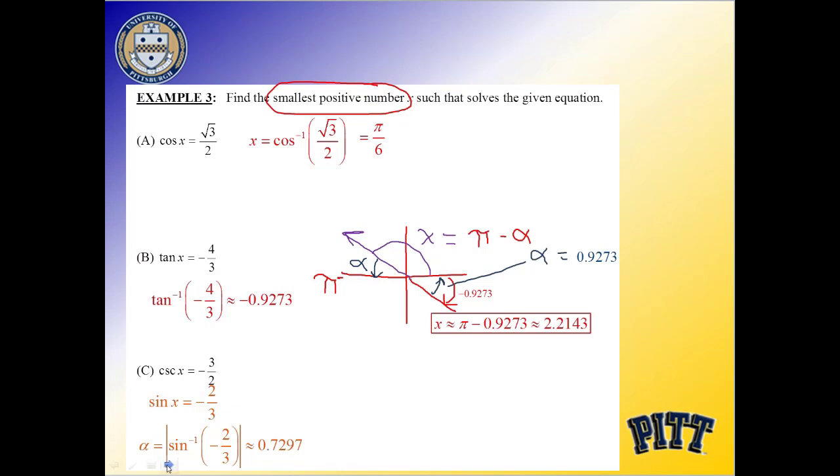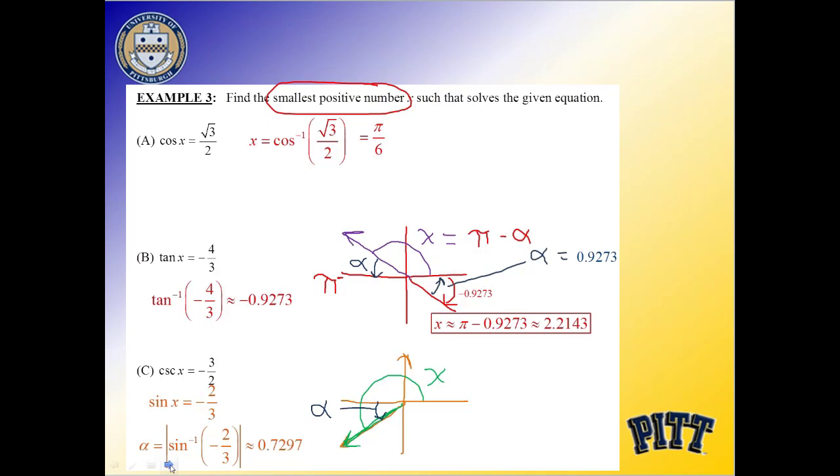So I want a positive angle that's going to give me a negative value for sine. Well, if I'm moving in that counterclockwise direction, the first time that I get an angle like that is when I enter into the third quadrant, because in quadrant 1 and quadrant 2, sine is positive.